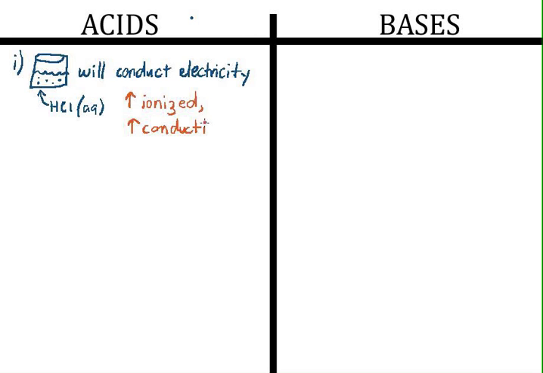So for instance, we know that hydrochloric acid, because it is a strong acid, dissociates in water into hydrogen cations and chloride anions, right? And that again is what's called ionization. So the more completely something ionizes when it's in water, the more conductive it will tend to be. The second thing that we know about acids is that they do tend to react with active metals.